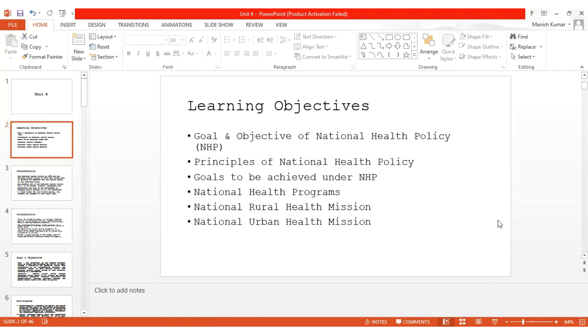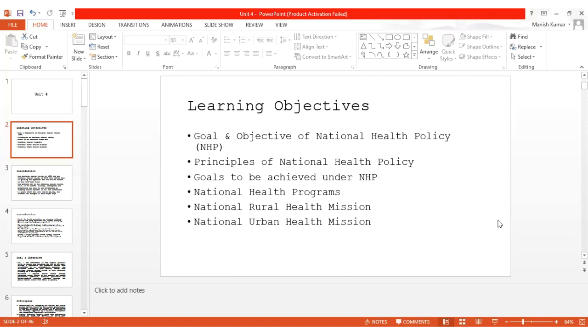So, any idea when was the last national health policy came, or by now how many national health policies India had till date? Okay, so till date we are having three national health policies.